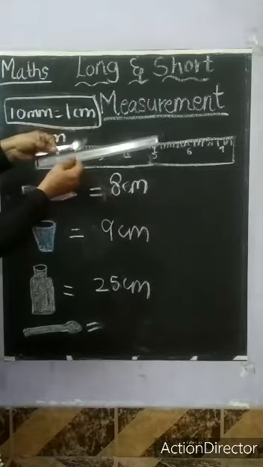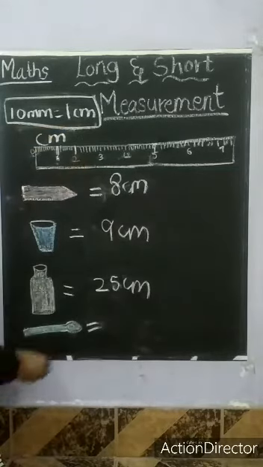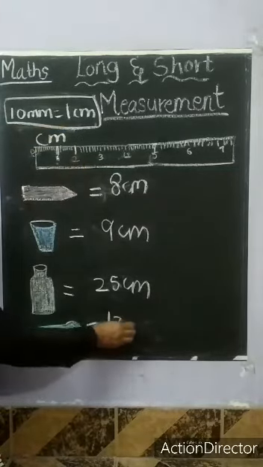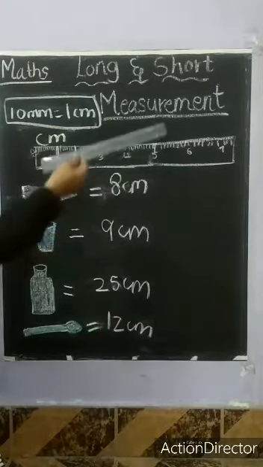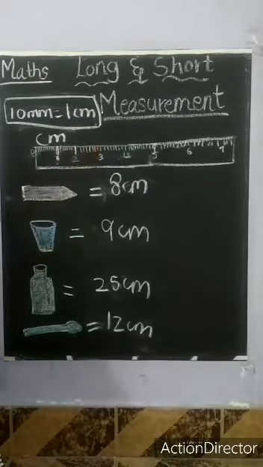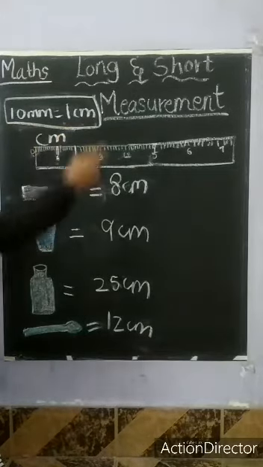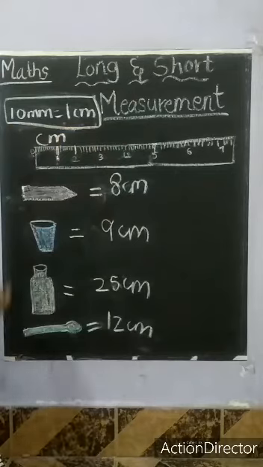What is the length of this spoon? 12 centimeters. So children, small objects you have to measure with this ruler only. 10 millimeters is equal to 1 centimeter. All small objects we have to measure with this small ruler only.